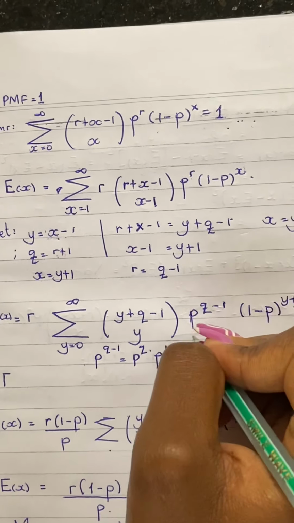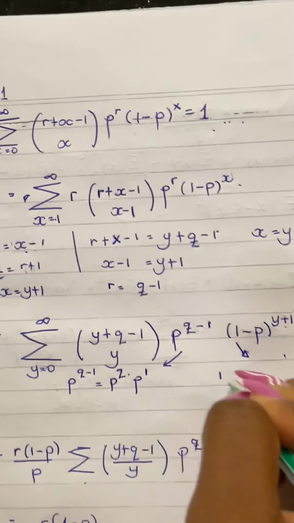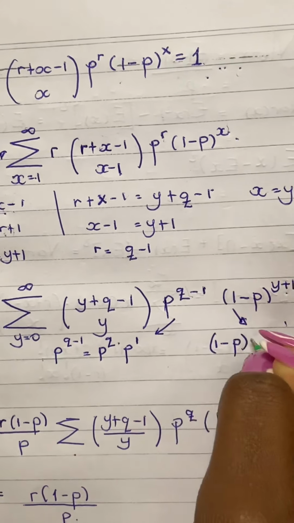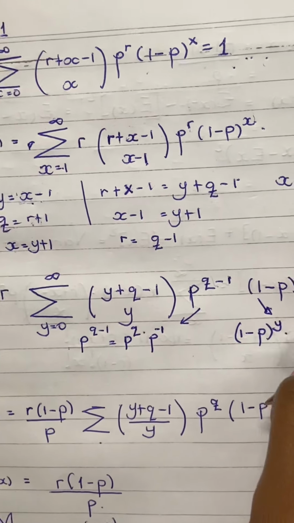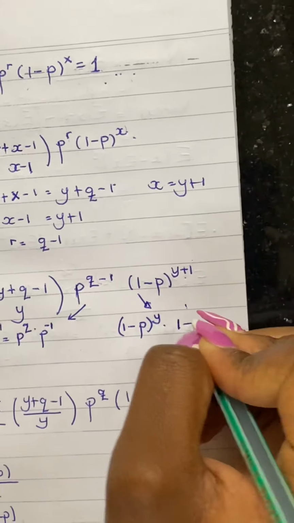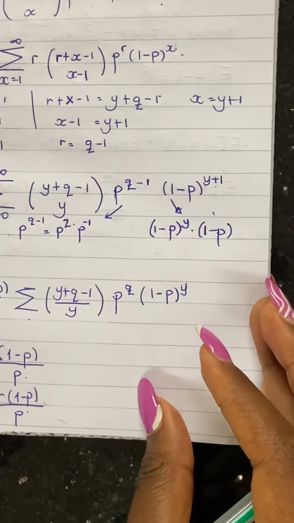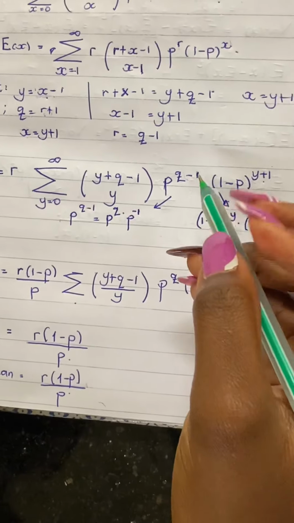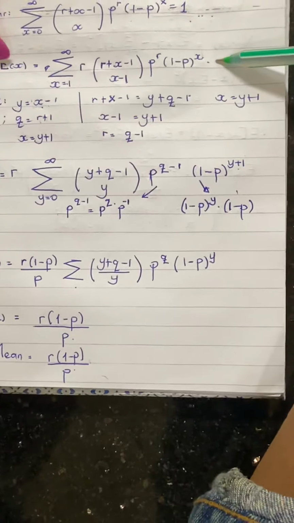And then we're also going to expand this one: 1 minus p to the y, times 1 minus p to the power of negative 1. So this is what we began with.